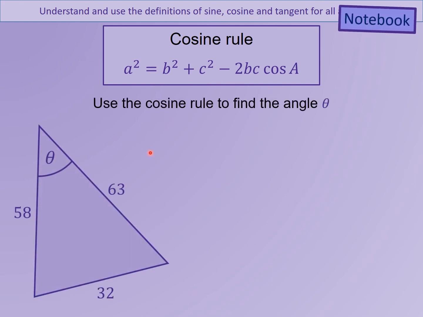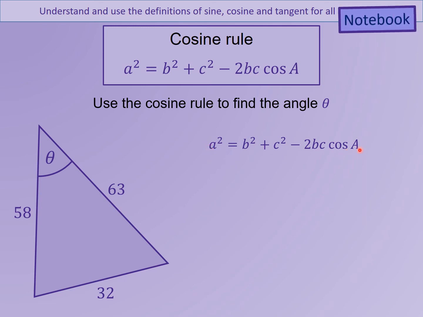So here's example number 2 for the cosine rule. This is where we have a triangle where we know all 3 sides and we are being asked to find one of the angles. So again, the first thing I'm doing here is writing the cosine rule down. And again, it's important that I get the value of a correct here.